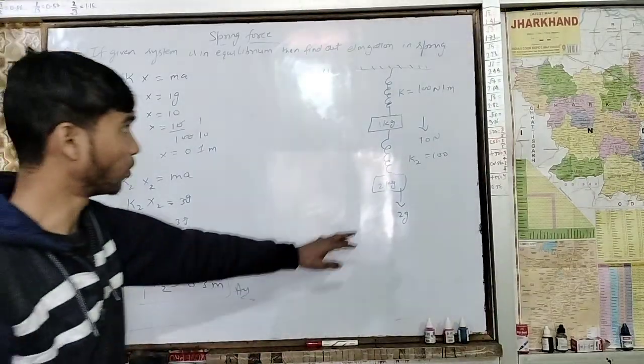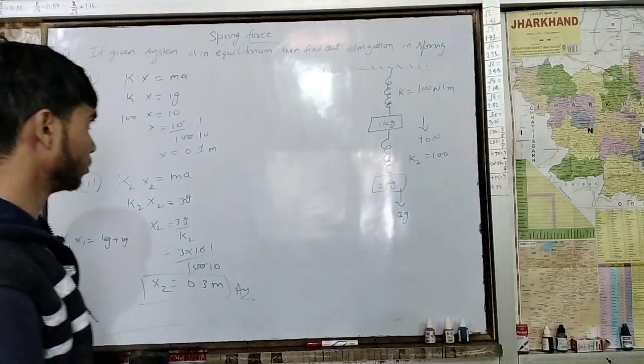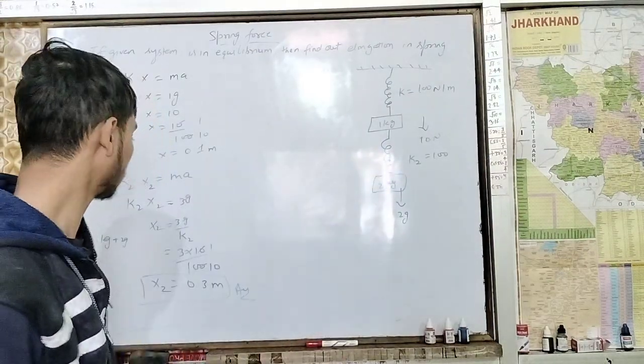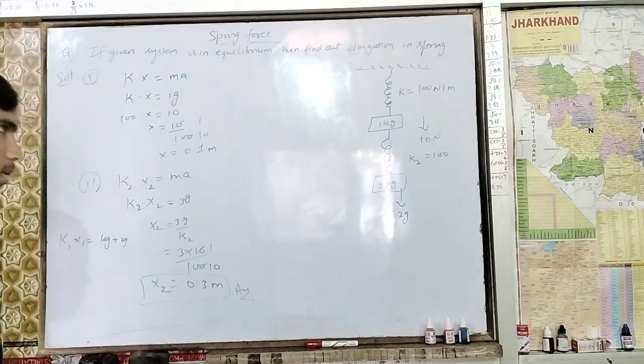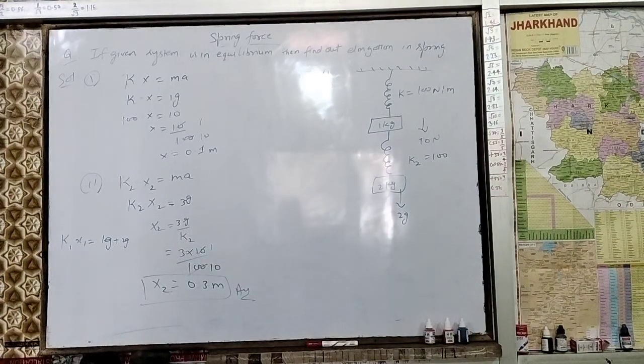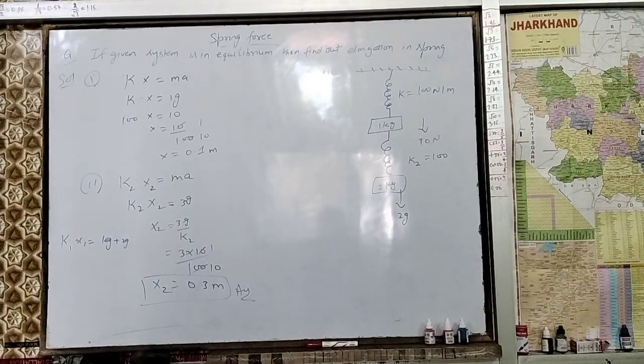Final K2 is how much? We are finding this K2 for this system. So K2 is 100. Just put K2, we will get the value of X2.